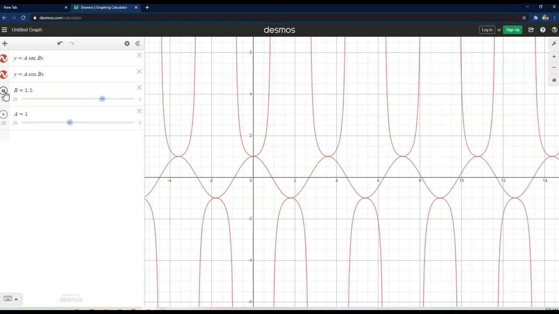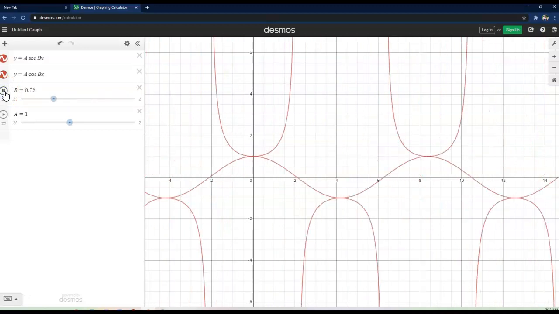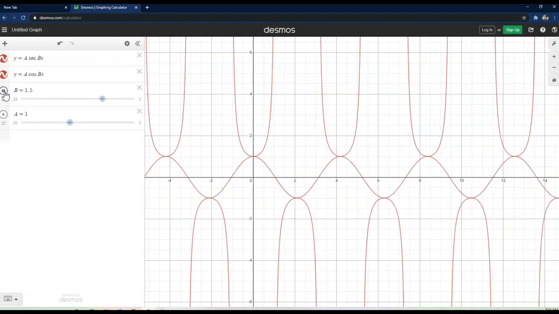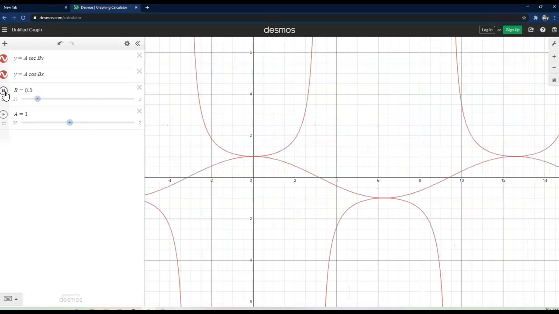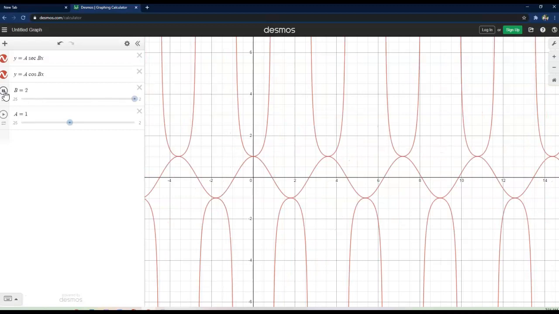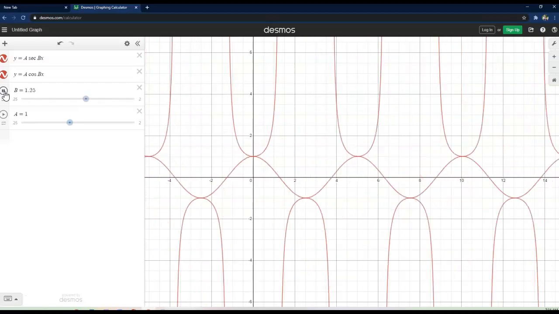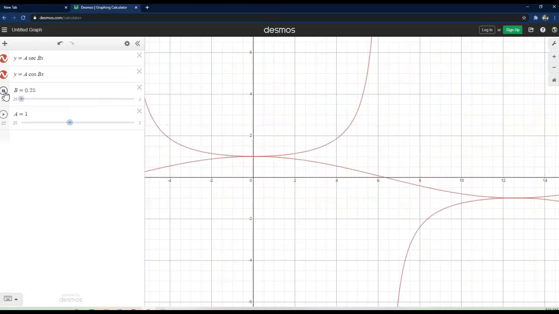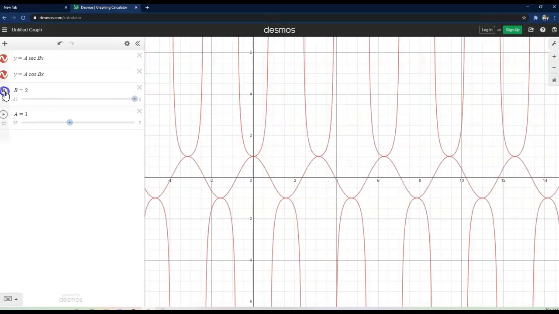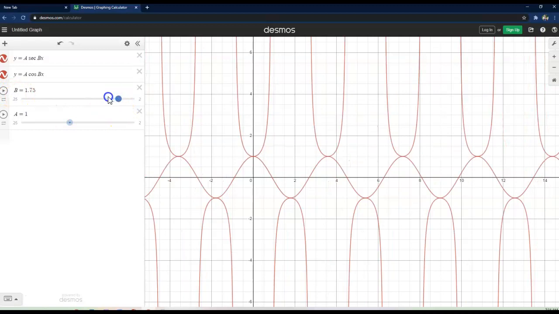So notice as your cosine function either gets stretched horizontally or compressed horizontally, you can see that it has the exact same effect on the secant function. That's what I'm hoping that you see.